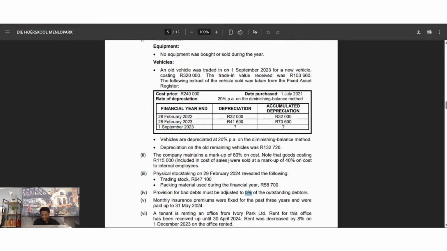Luckily in our case there wasn't any, but if there was, we would need to first take that information into account, and then it could either decrease or increase the debtors control. And if that's the case, we basically work out that balance and then work out 5% of that.